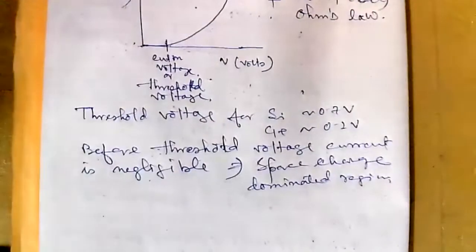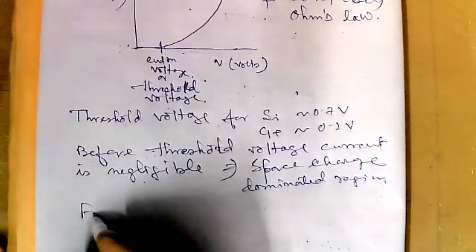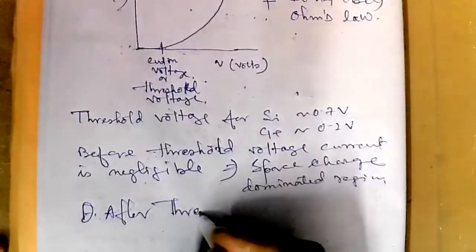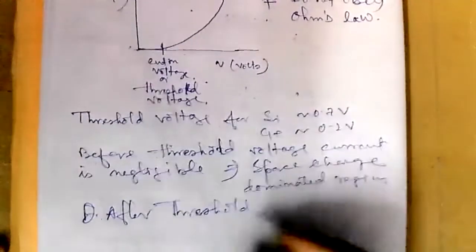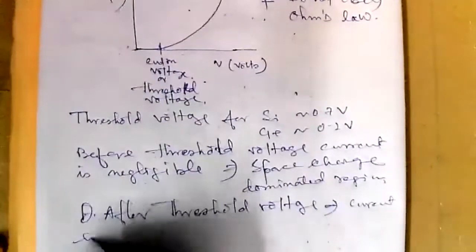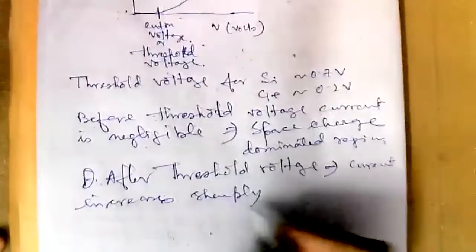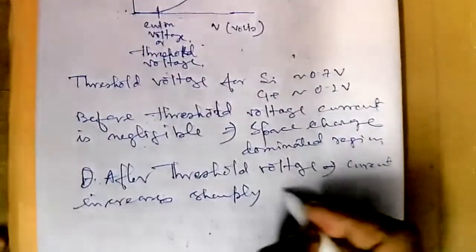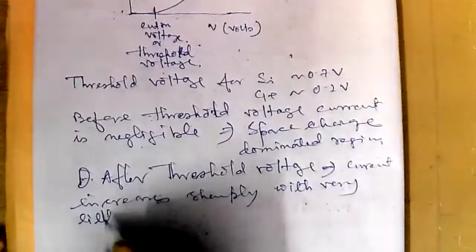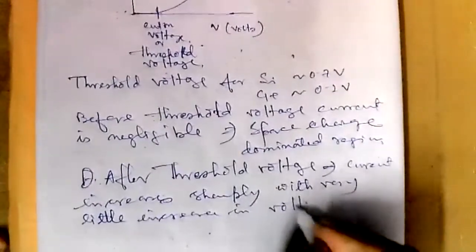Now, after the cut-in voltage or after the threshold voltage, current increases sharply with very little increase in voltage.